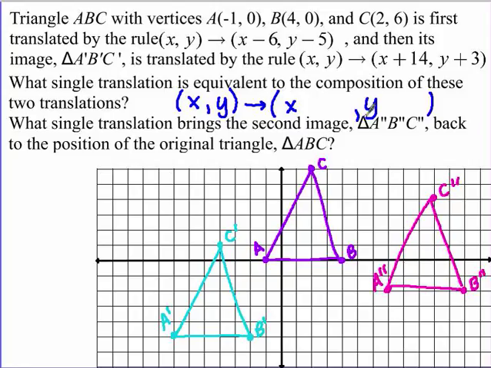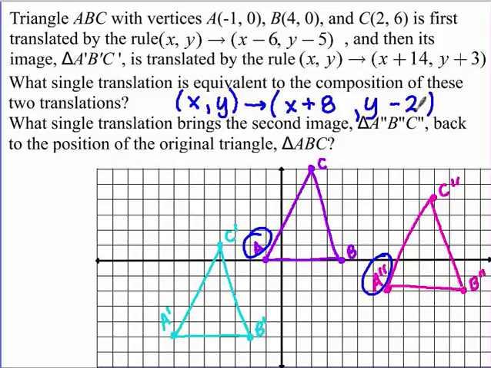What do I do to A here to get A double prime? Add to x, 1, 2, 3, 4, 5, 6, 7, 8. Add 8 to x, and then subtract 2 from y. So really it'll be (x + 8, y - 2).